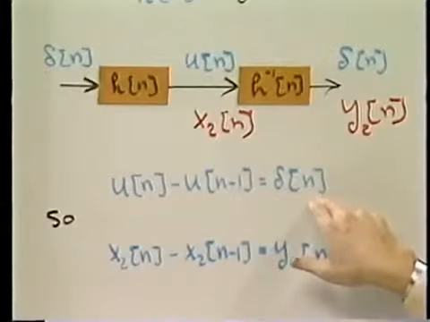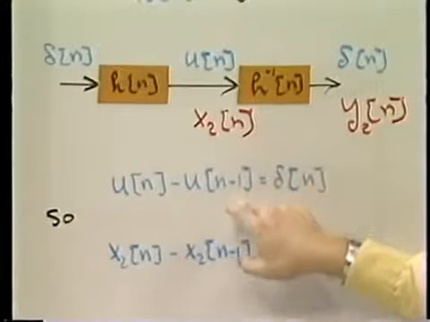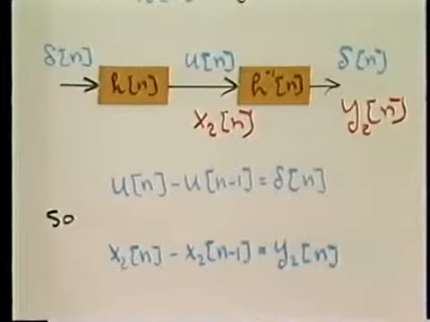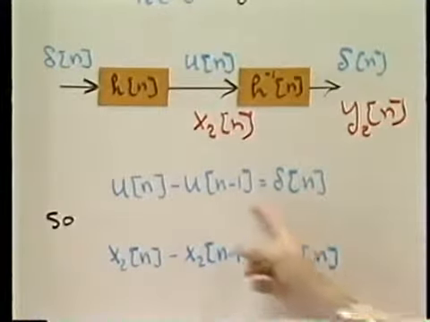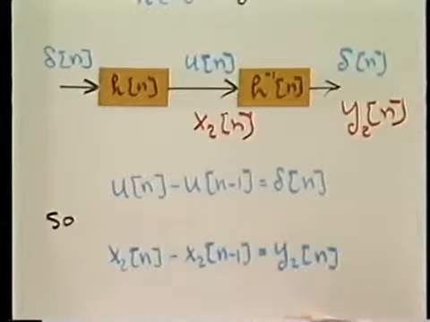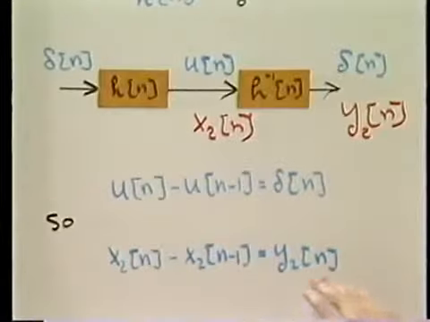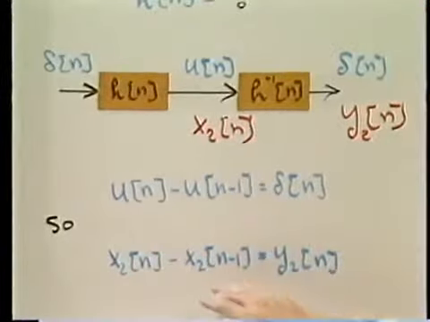And so if we think of x2 of n as the input and y2 of n as the output, then the difference equation for the inverse system is what I've indicated here. And if we want to look at the impulse response of that, we can then inquire as to what the response is with an impulse in.